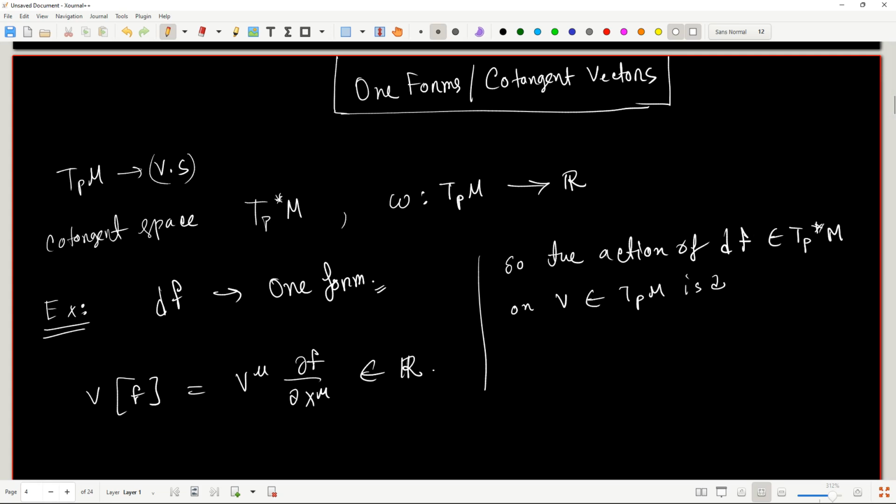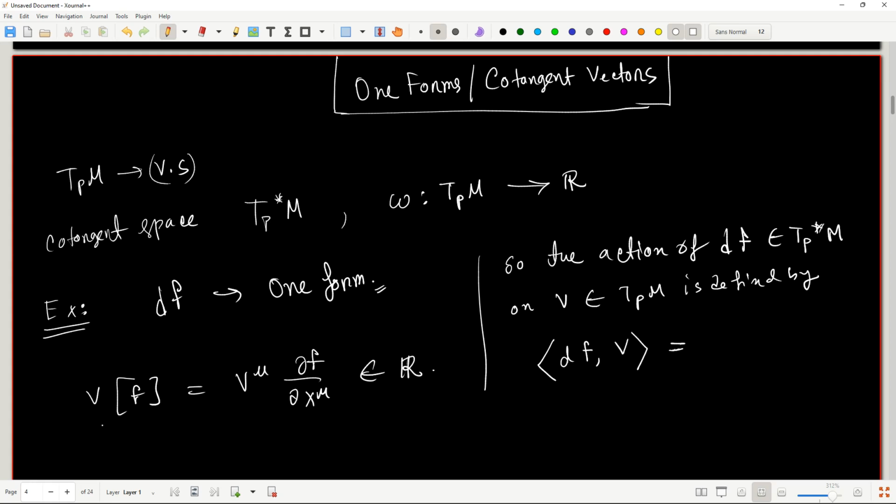is defined by using this symbol. This is an angle bracket, you can call it an angle bracket, and we want to have a real number out of this, right?